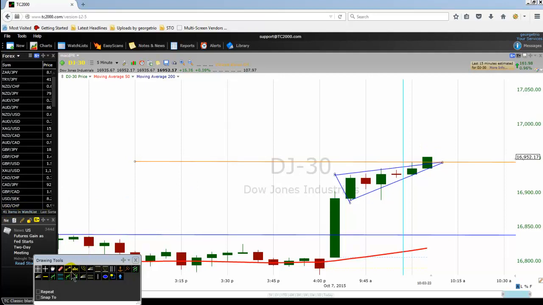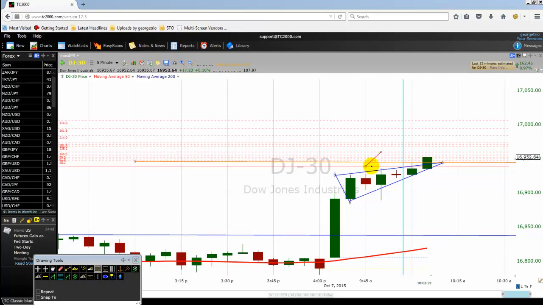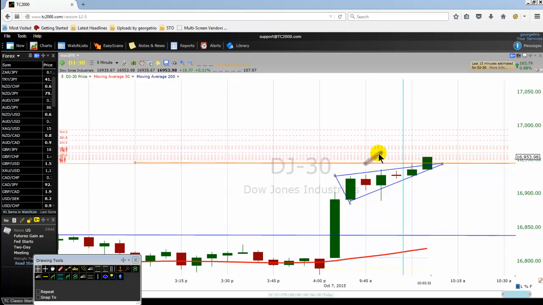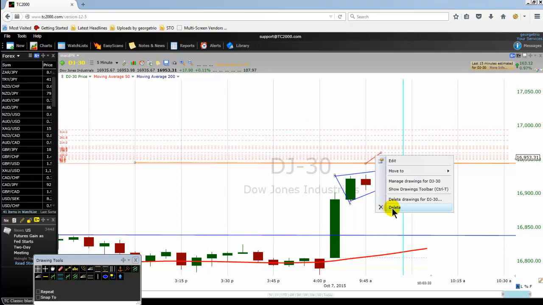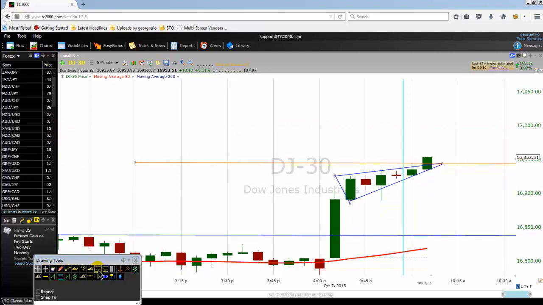I'm going to use a Fibonacci retracement. As I explained to you, the market is very bullish today.